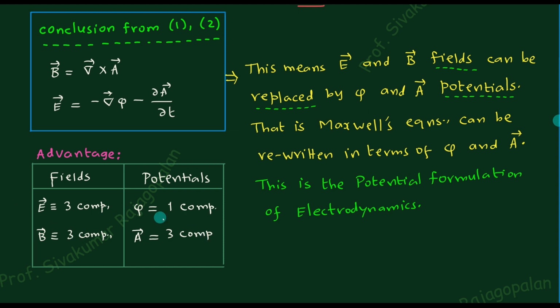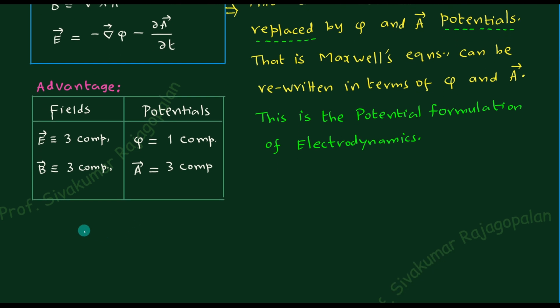So you have electric field with three components and magnetic field with three components, that is the XYZ components. In the case of the potential, you have only one component because phi is a scalar, and A is a vector, so three will be there. If you make a total, it is easy to say that we have 6 here and 4 there. If you want to deal with the mathematics of electric and magnetic fields, you are ultimately dealing with mathematics. If you are going to do an experiment, all these things are not required. We are trying to understand the physics in terms of mathematics.